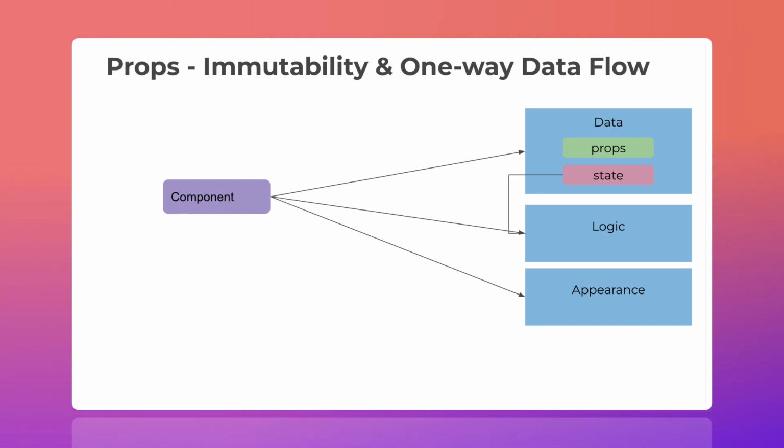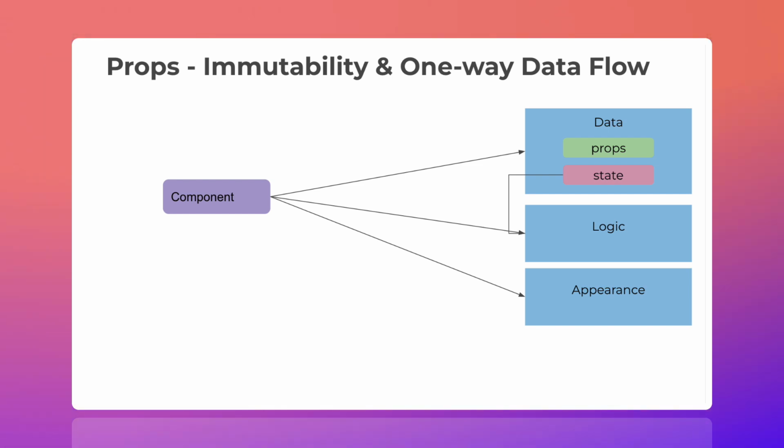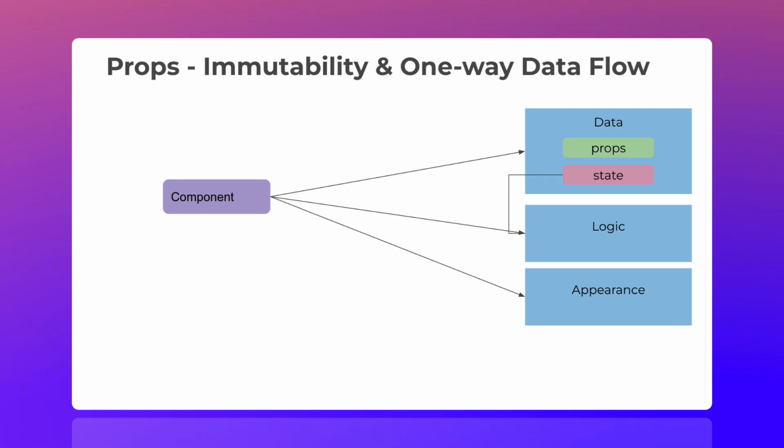Props really are passed down from the parent component to the child components. Therefore, these can only be changed, and changed here means mutated, by the parent and not the children. So this means that props are immutable in React, meaning they are read-only. They can only be read by the children.